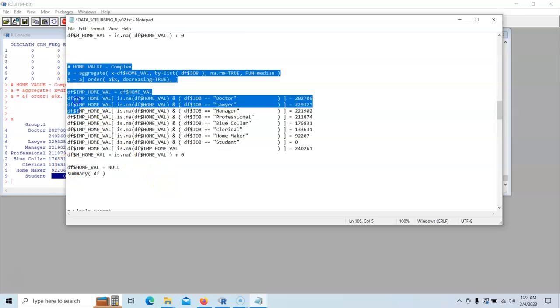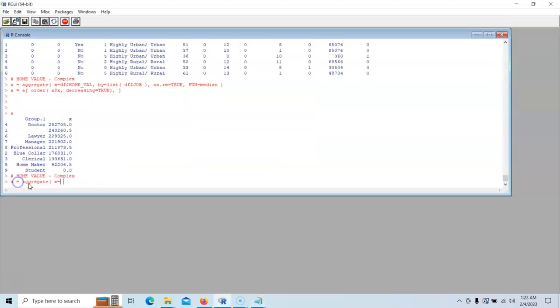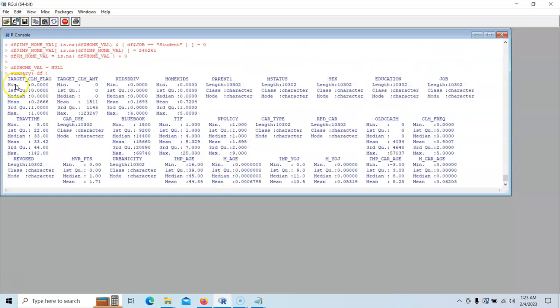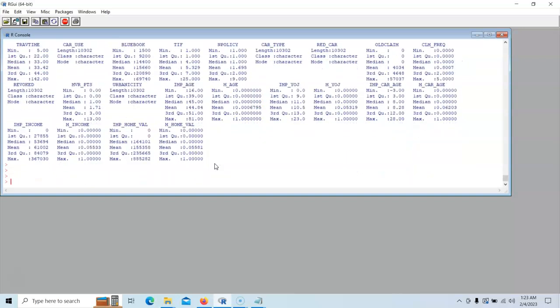So let's just run this one more time. And there you have it. We have now no more missing values. We have to get rid of these categorical variables right now, but we don't have any numeric variables that are missing. And that's a good thing.